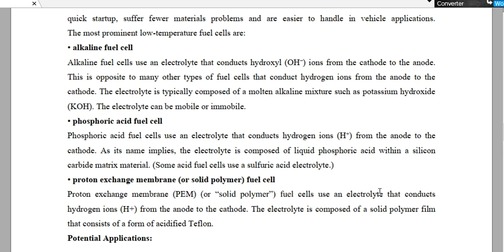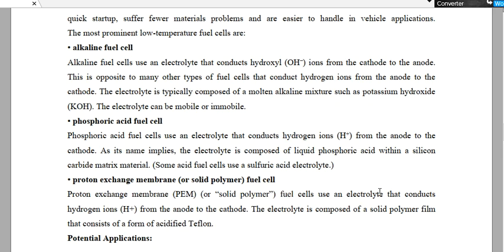So, in place of phosphoric acid, in some cells, sulfuric acid is used. The third type is the proton exchange membrane or solid polymer fuel cell. In this, the electrolyte conducts hydrogen ions from the anode to the cathode, and the electrolyte is composed of a solid polymer film that consists of a form of acidified Teflon.